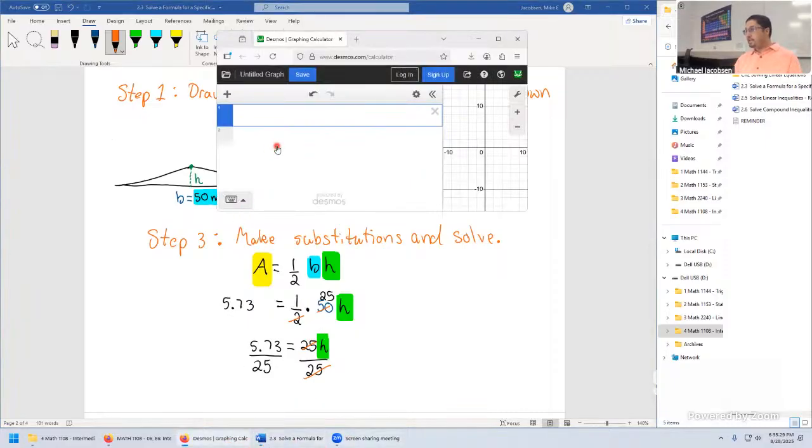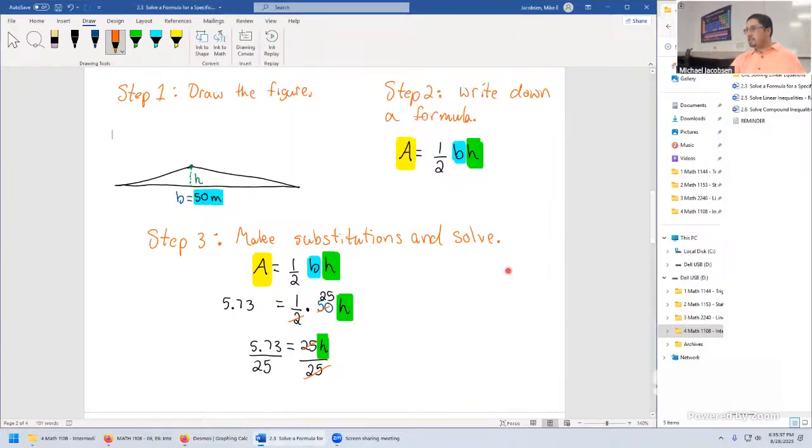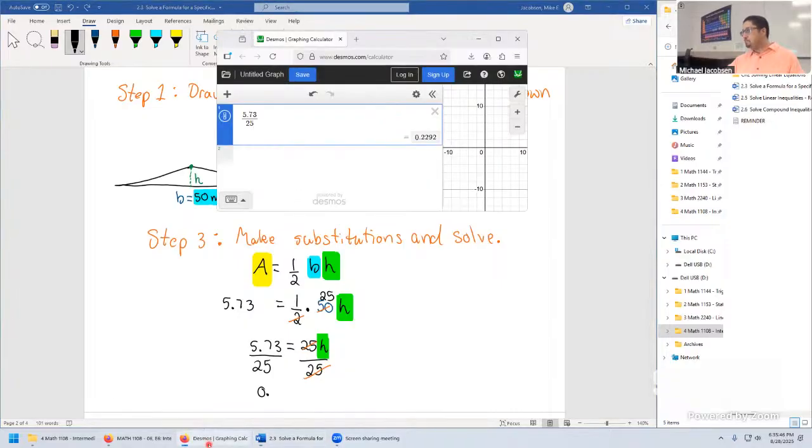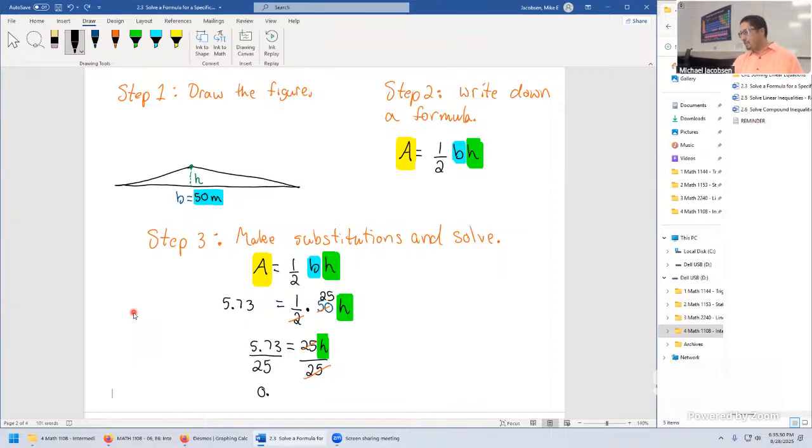On the left-hand side, it's 5.73 divided by 25, and we get 0.2292. Let me carry in that exact value. And let me double check my work here. 0.2292. I said that in a weird way, and I confused myself by doing that. Equals h.